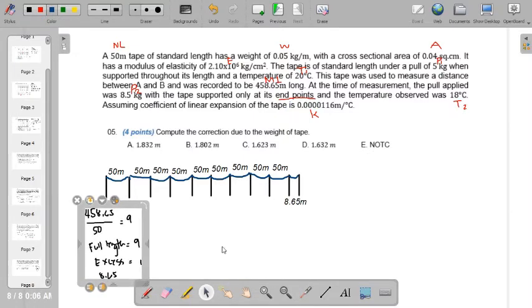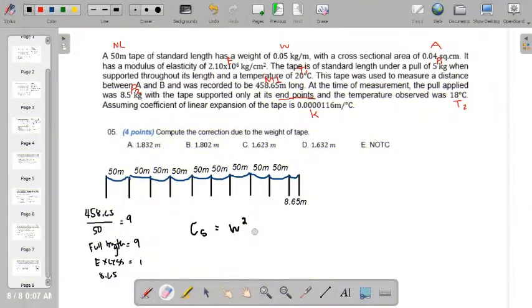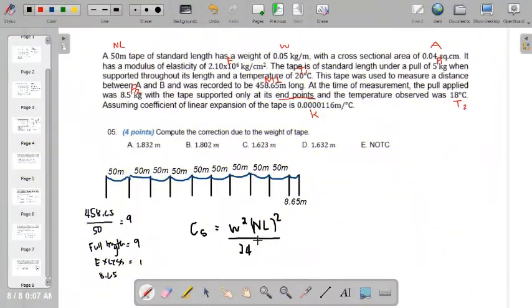Okay, so what is the formula for our sag correction? The formula is C, and then P. Of course, you have to write the P sub 2, no?